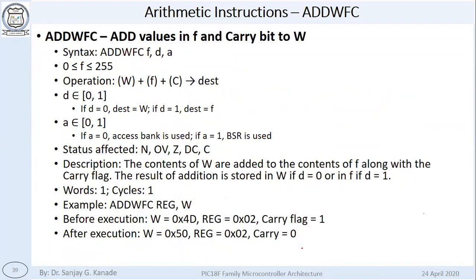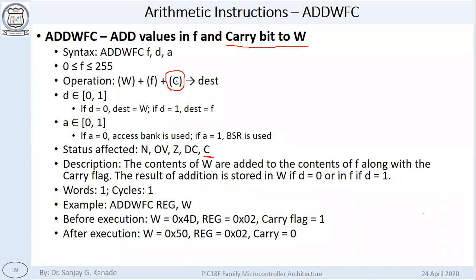There is a similar instruction, ADDWFC. The only change is that the carry bit is also added. While adding the contents of W and F, the carry bit is also added. The carry bit is the status bit; we have seen it in the status register.